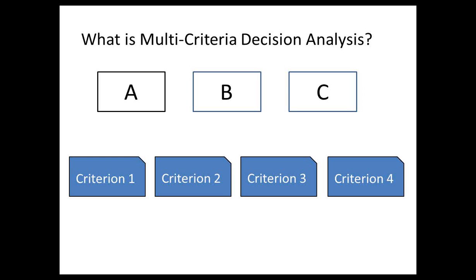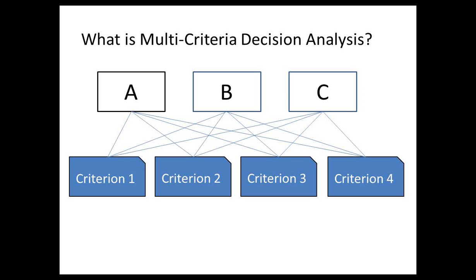Then you have to specify different criteria which influence the value of the alternatives to the decision maker. And last, you use a structured way of comparing the alternatives on all criteria to come up with a preferred alternative based on your own values and the criteria that play a role.